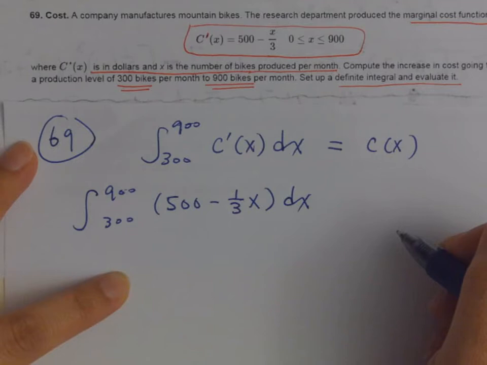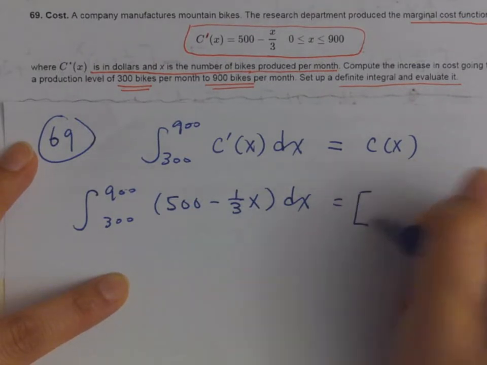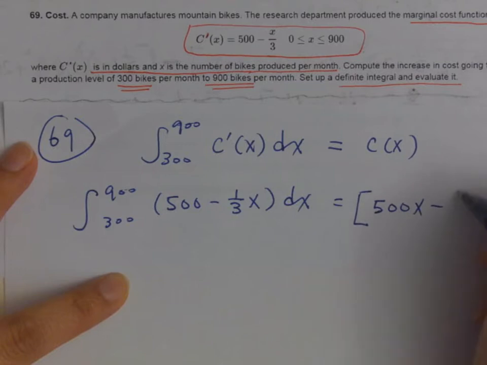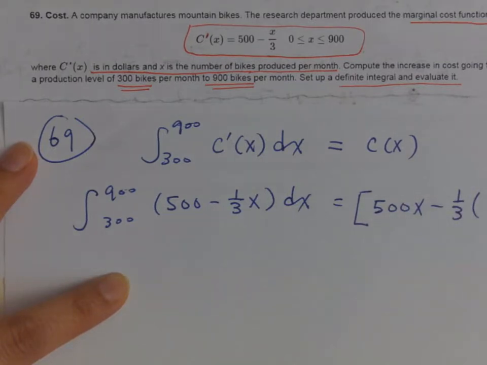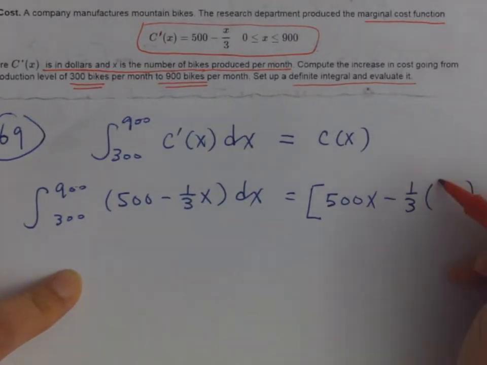dx. Okay, so this one we don't really have to do a chain rule, right? There's no function raised to a power. So we can go ahead and try to take the integral. This will become 500x minus 1/3, and the x will become 1/2 times x squared, right?